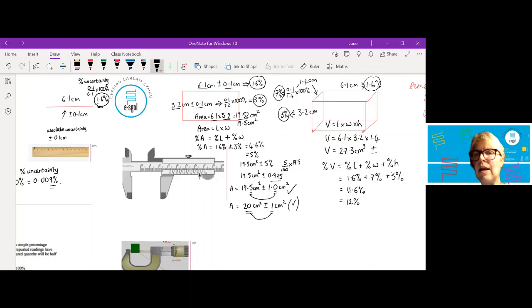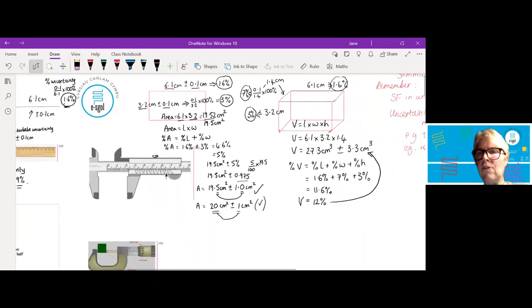So now I work out what 12% is of that volume. 12% of that volume is 3.3 centimetre cubed. How did I get that? I do 12 divided by 100, i.e. 0.12, times 27.3.